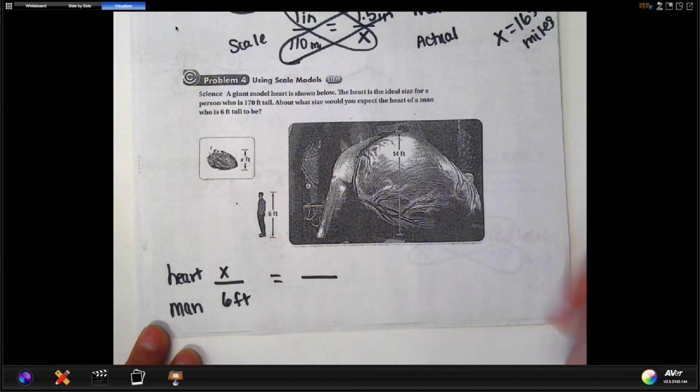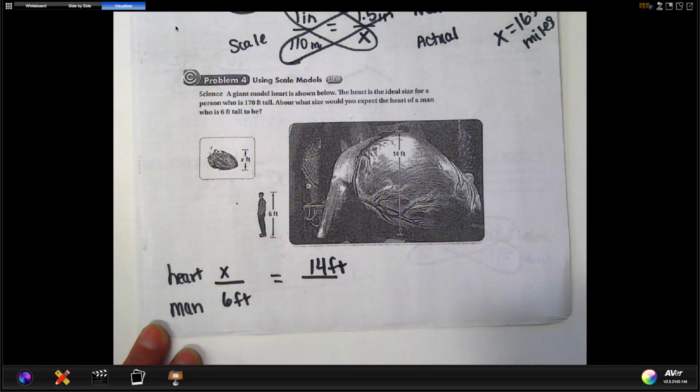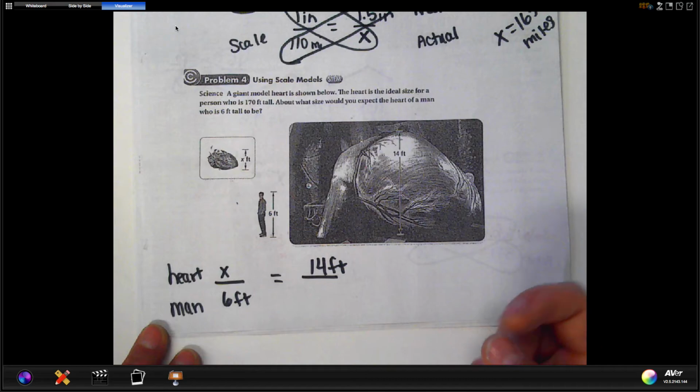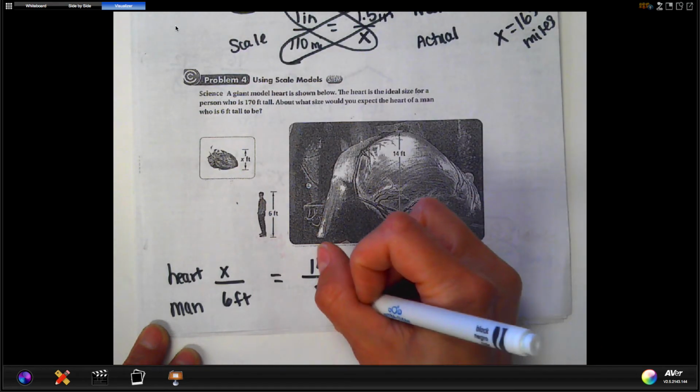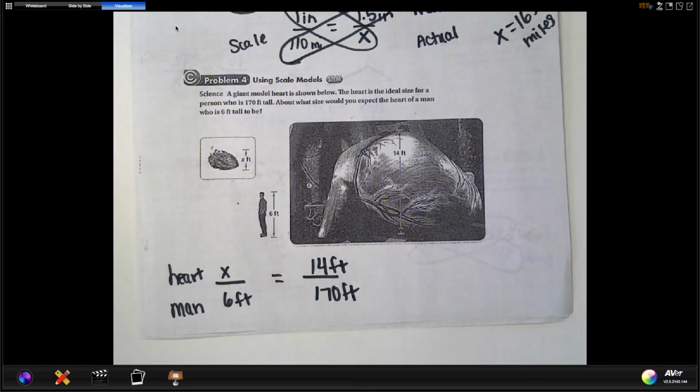What's the size of the model heart? 14 feet. And how tall would the man have to be who had that heart? 170. It tells you in there. And so once you set this up, the important part is to label, right? So you know what goes with what, and then solving the proportions, the easy part.